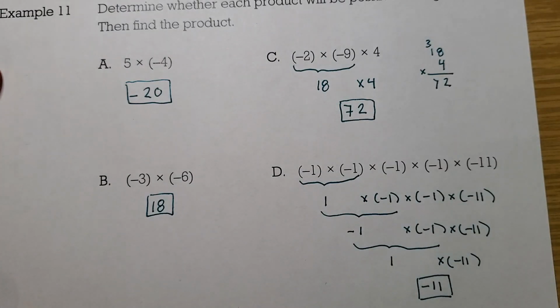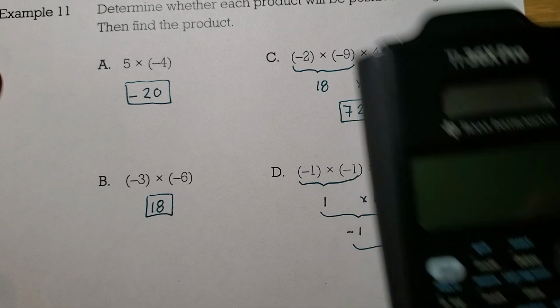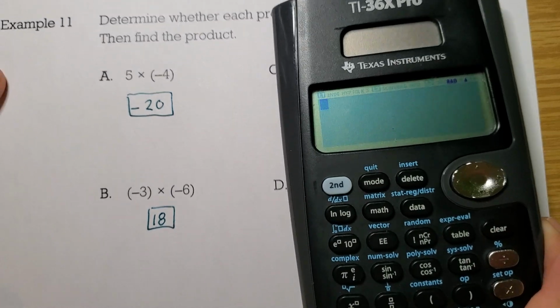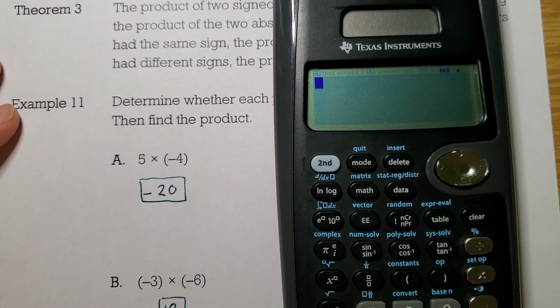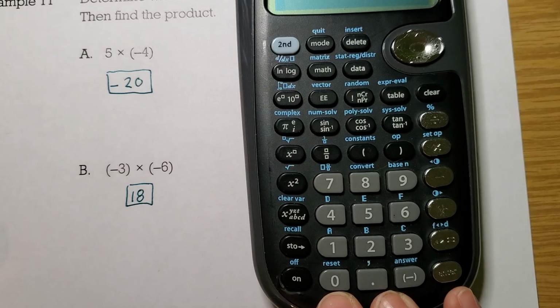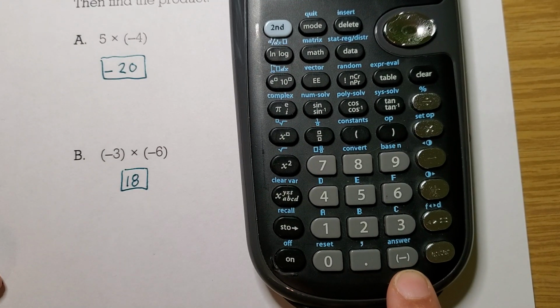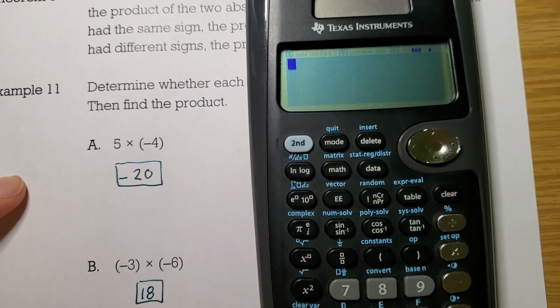Okay, so let's check this on our calculator to make sure we've got our math correct. When I type negative numbers into my calculator, I want to make sure I'm using my negative key. On this calculator, that happens to be down here, and I type it in before the number.